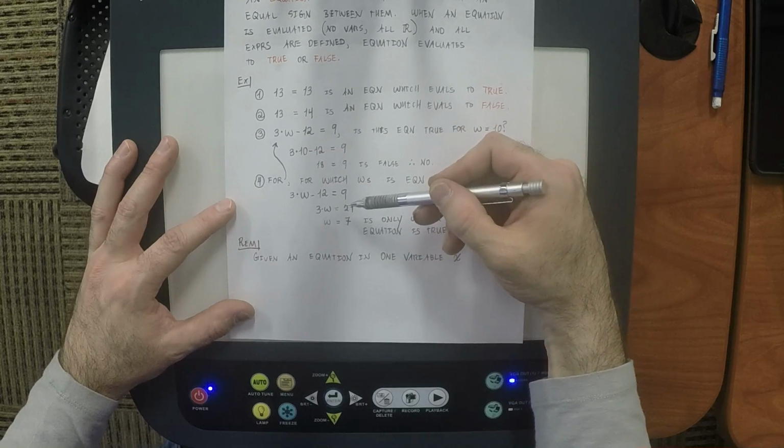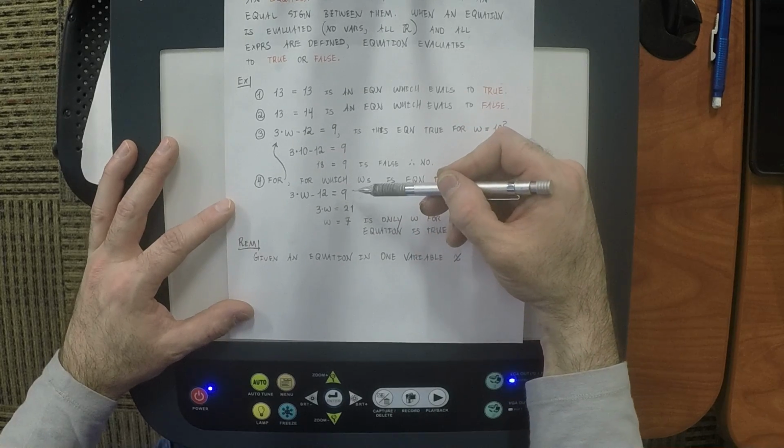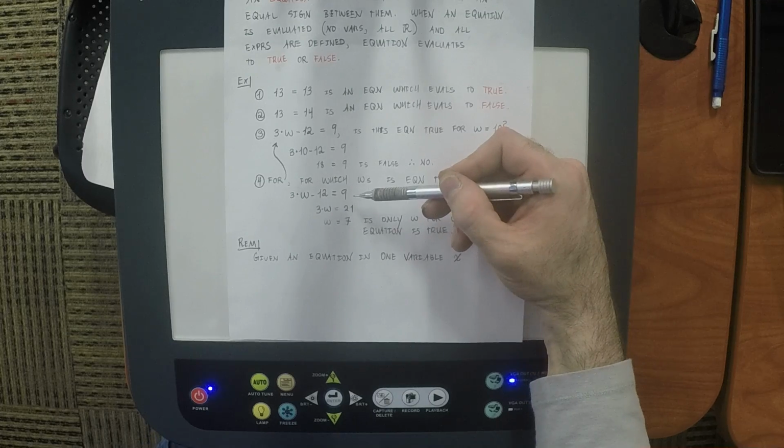Here's an equation that has one variable, and the name of the variable is w.